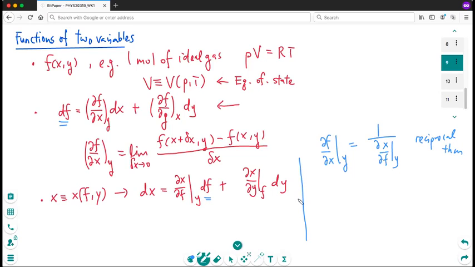And the other relationship you get through this manipulation is a product of three partial derivatives. This one. And then this one, y and f.